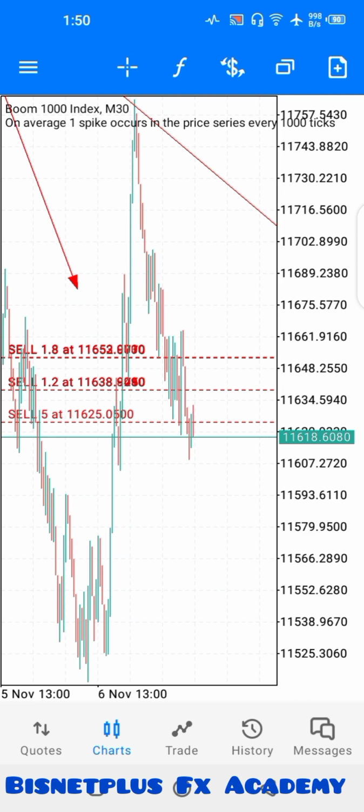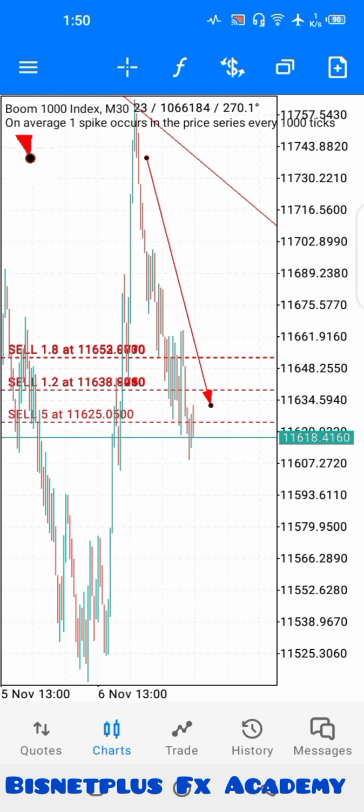So now guys, let's go to another time frame of M30, because this signal was picked on M15. You can see the trend keeps going down on M30. We have something beautiful here. When you spot the trend, make sure you're placing your arrow on the resistance, or you can decide to pick at the top here.